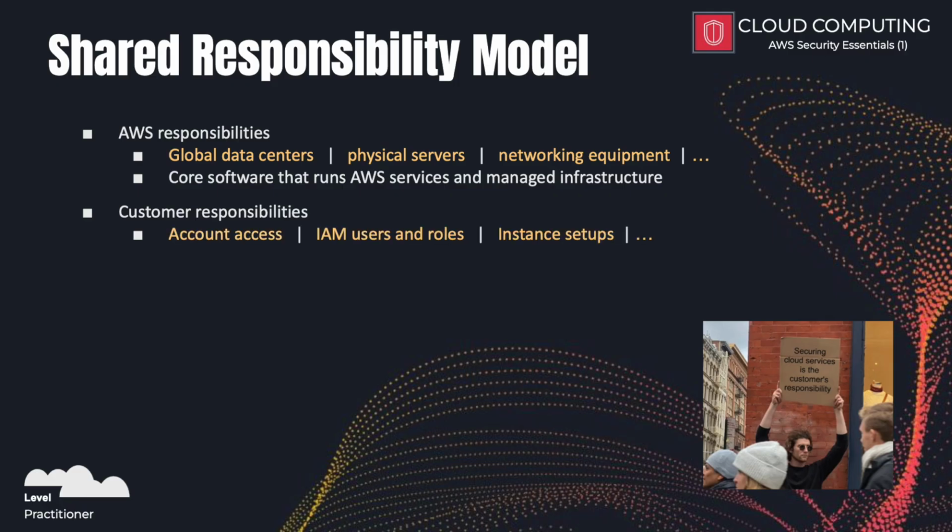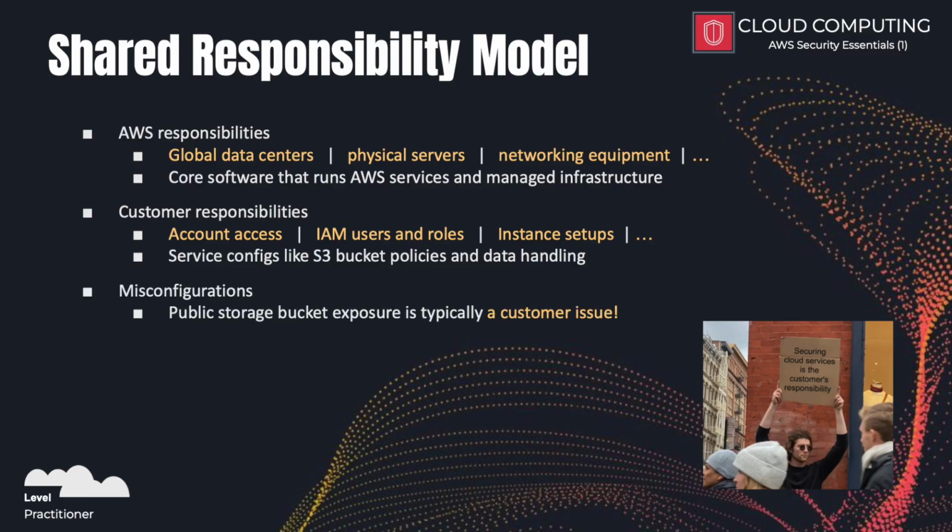For example, who can log into your account, how IAM permissions are set, whether storage is encrypted or not, and how your application handles sensitive data. If a storage bucket is left public by mistake, that's usually not an AWS failure. It's a customer configuration issue.